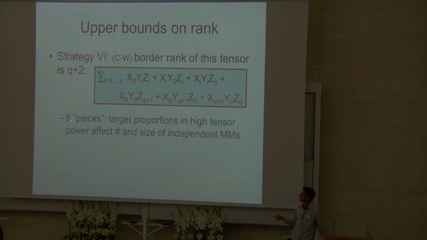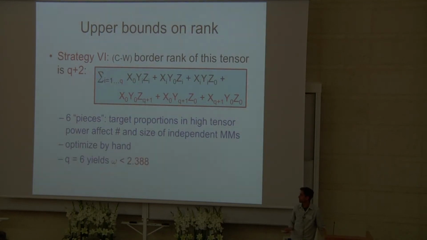In very high level terms, there are 6 pieces represented by the 6 terms that you see here, and you have to choose for yourself the target proportions of these in a high tensor power. How you choose that affects both the number and the size of the many independent matrix multiplication tensors that you can find. And from that, you get the different bounds on omega. So you optimize all those things.